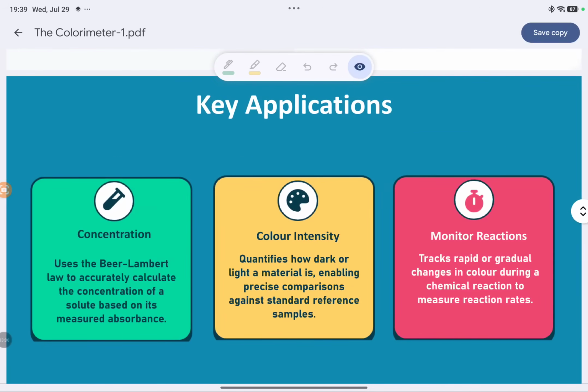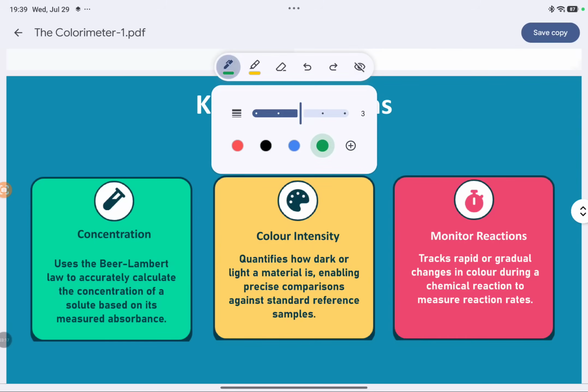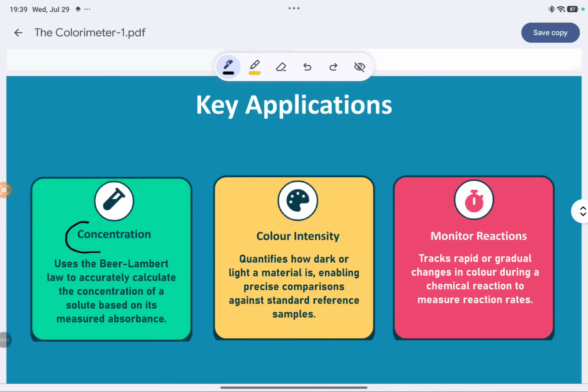Now, the key applications of the colorimeter are as follows. The first is to determine concentration.